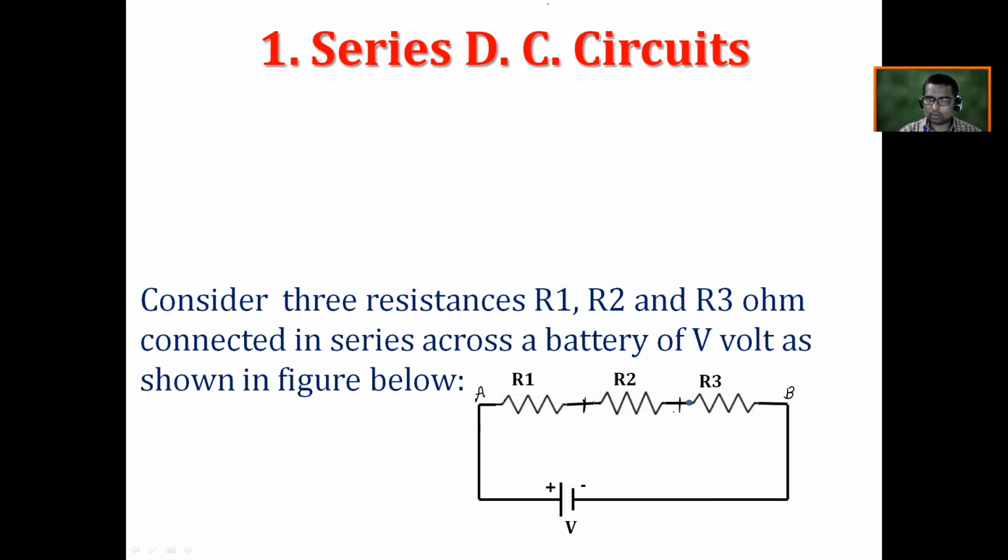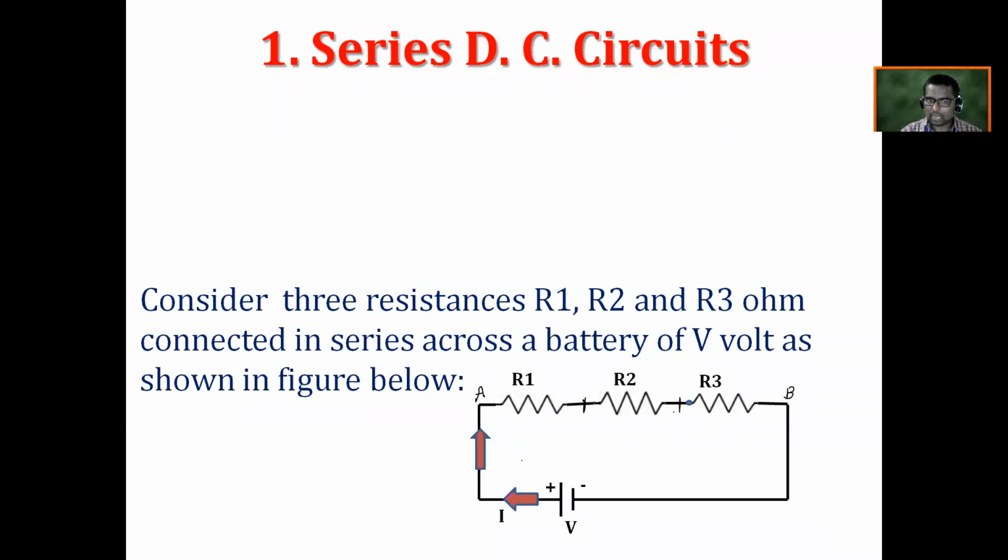Okay. So now see the definition. As we know, current always starts its journey from the positive terminal. When the current I starts from the positive terminal, it comes to point A. When it comes to point A, there is only one path to flow towards R1.